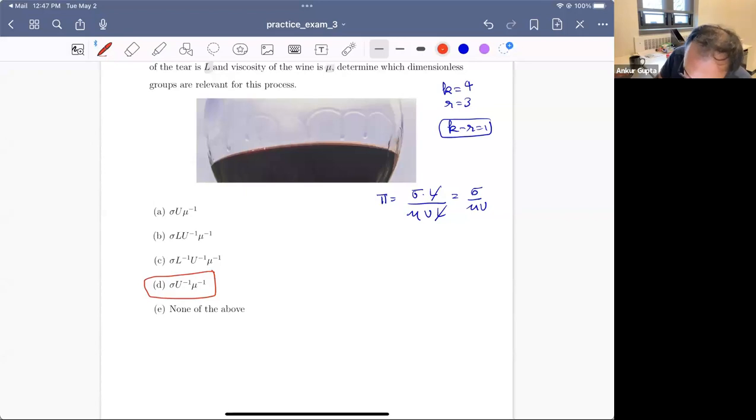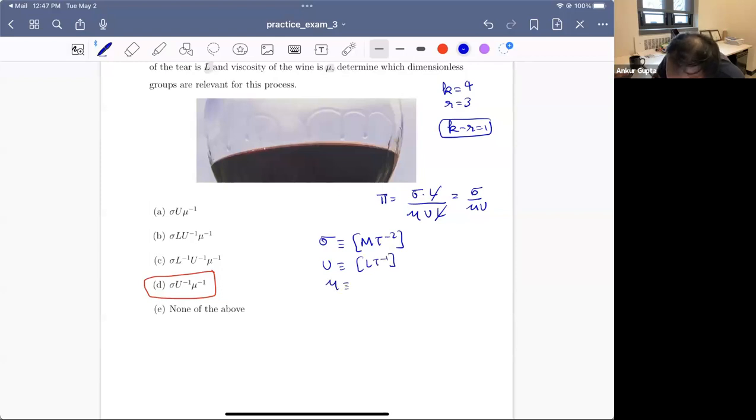The other option is the formal method, for which we should just write down the dimensions. And I definitely recommend the formal method if you're not very comfortable with inspection. Surface tension is force per unit length, so kg meter per second square per meter, or kg per second square. This is M T to the minus 2. Then velocity is length time inverse.